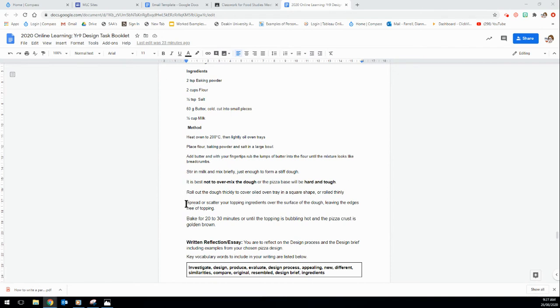And then when you get to this part here, you're going to then add your own steps, because that part's up to you, because I can't write a recipe for each individual person who I don't know what ingredients they've picked, okay? So somebody might have tomato on theirs and they need to slice their tomato. Somebody might need onion and they need to dice their onion. So this is why the recipe will be generic and it's only just for the pizza dough.